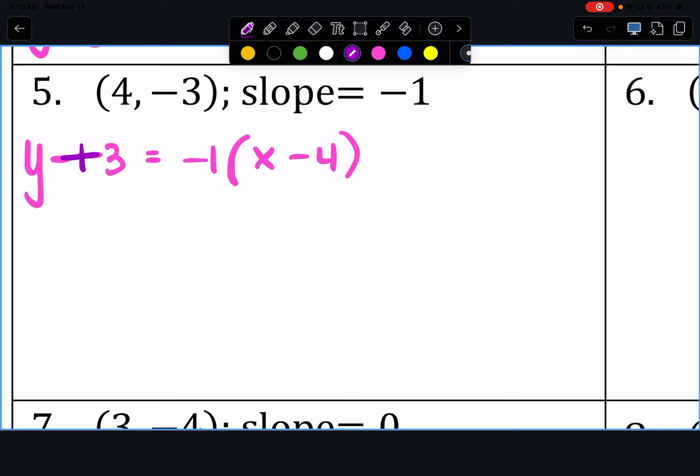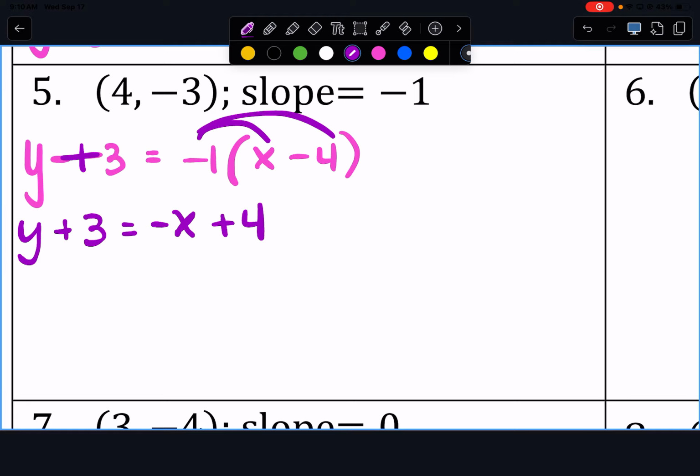Now, what do I need to do to solve this? Distribute. So y plus 3 equals, what is negative 1 times x? Negative 1 times negative 4, plus 4. And then to solve for y, minus 3. So we get y equals negative x. What is 4 minus 3? Plus 1. There we go.